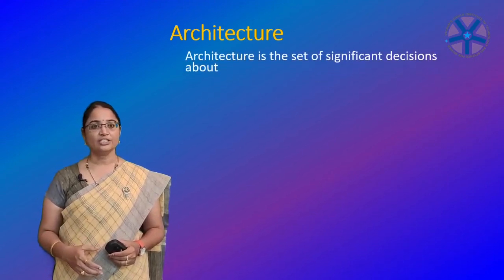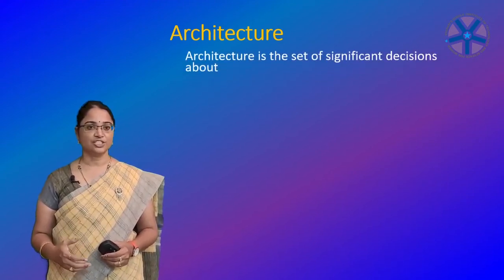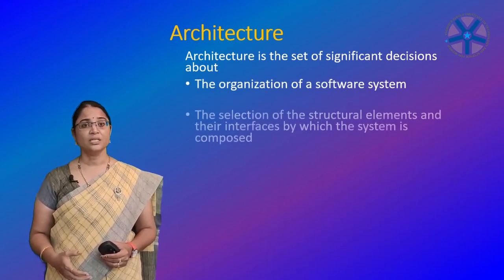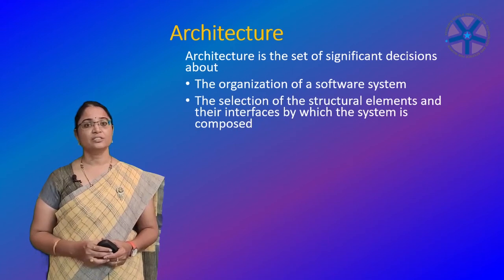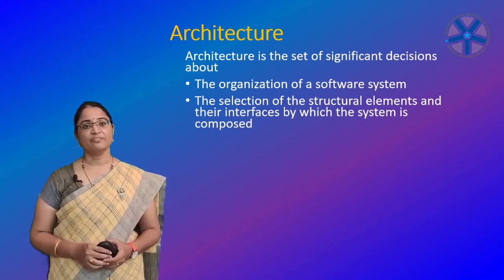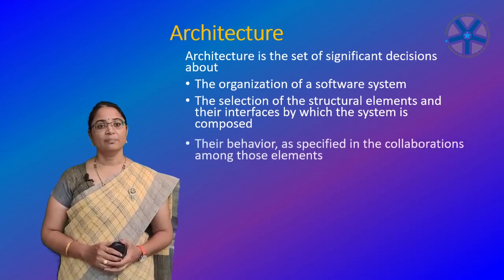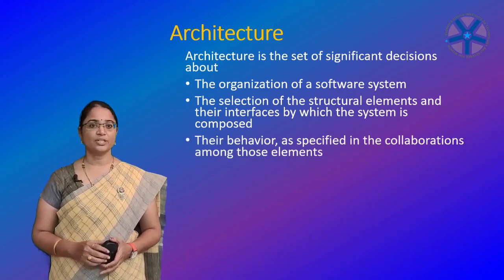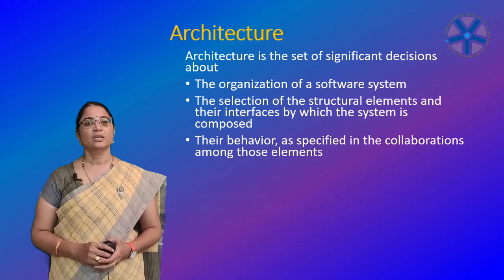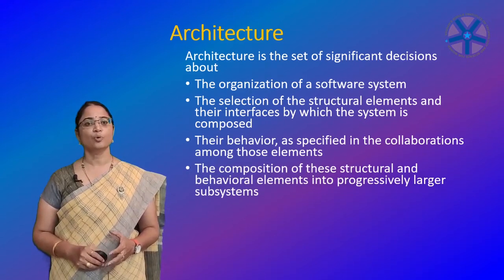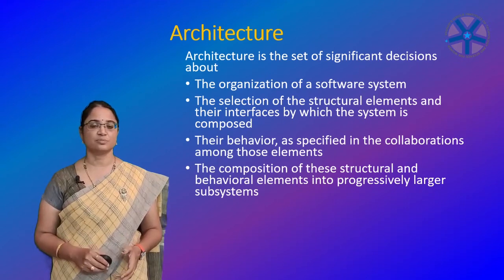Next, the architecture is a set of significant decisions about the organization of a software system, the selection of the structural elements and their interfaces by which the system is composed, and their behavior as specified in the collaborations among these elements, the composition of the structural and behavioral elements into progressively larger subsystems.